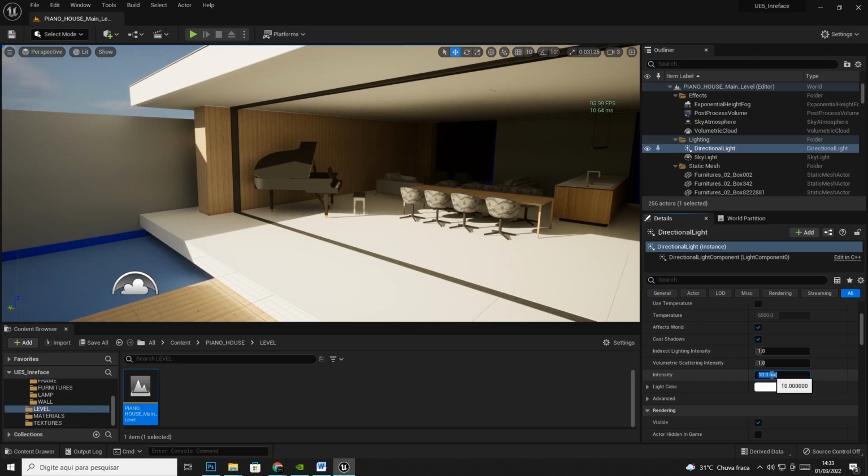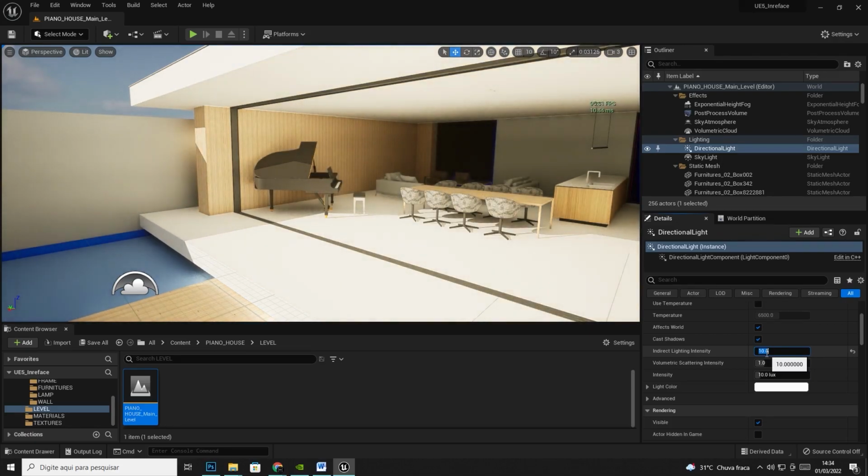Here in our case it is 10. We can increase the intensity of the light, the directional light. Look, we can increase the intensity of the indirect light. For example, let's put 10 here. Look at this. It spreads the light more.